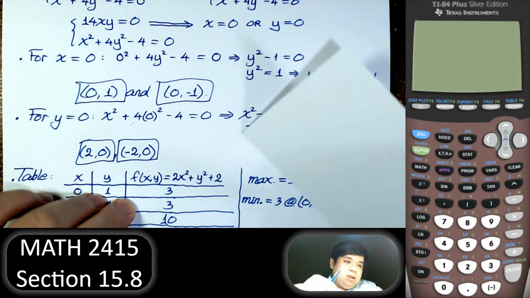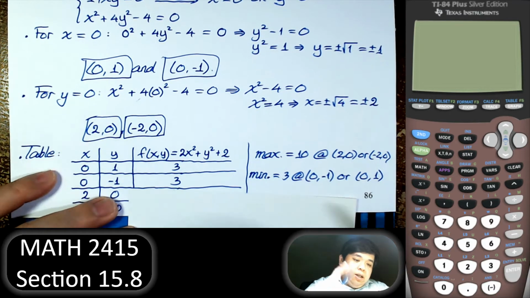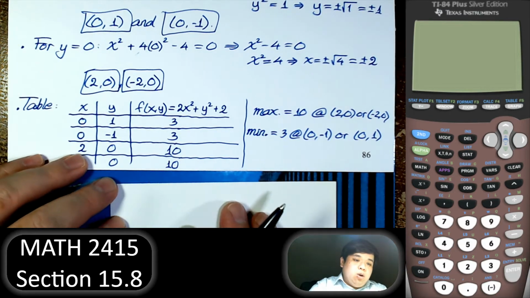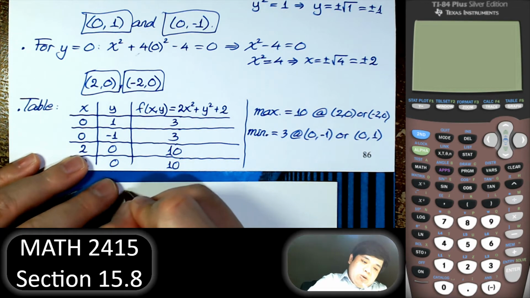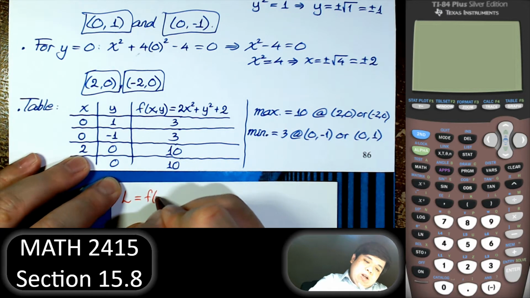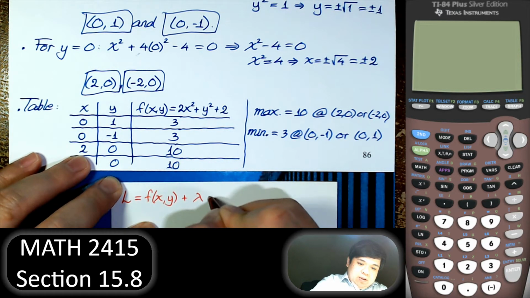Right. So I'm going to write the function. I will construct what we call the L equal to f of x, y plus lambda of g of x, y.